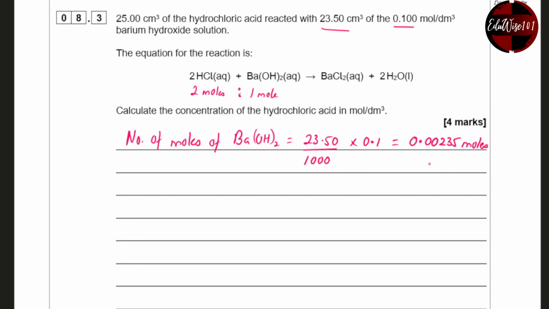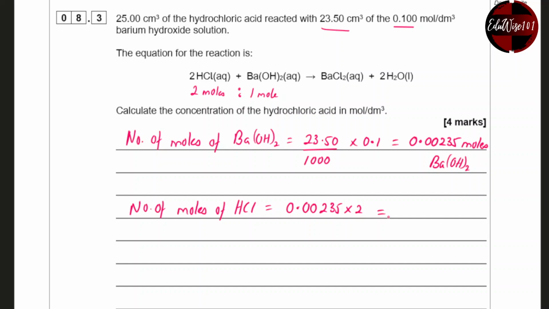So if I have 0.00235 moles of barium hydroxide, I should have double the number of moles of HCl for that. So number of moles of HCl is equal to 0.00235 times 2.